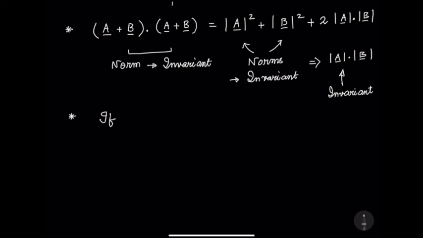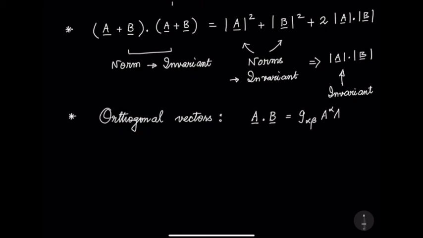We call 2 vectors orthogonal if their dot product is 0, which means that I can write either A dot B or G alpha beta A alpha B beta equals 0.